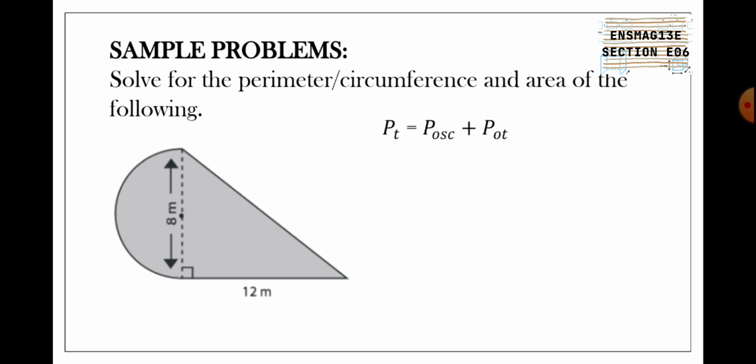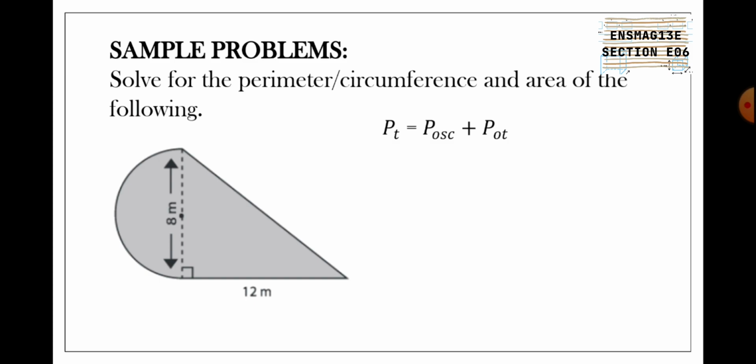So first, let us solve for your POSC, or the outer circumference of the semicircle. Since this one is only half, we divide by 2 the value of your circumference.